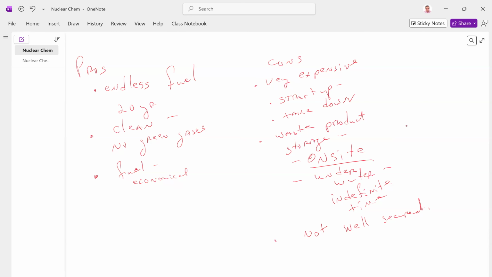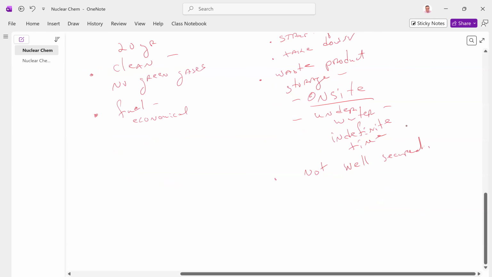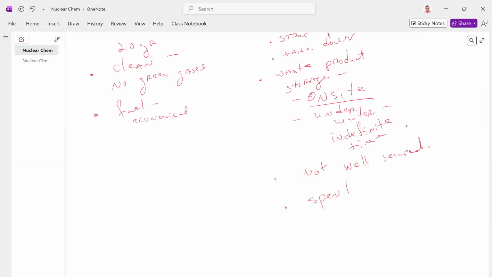Now, because they're not well secured, spent fuel rods can be turned into a weapon. Yes. Okay.